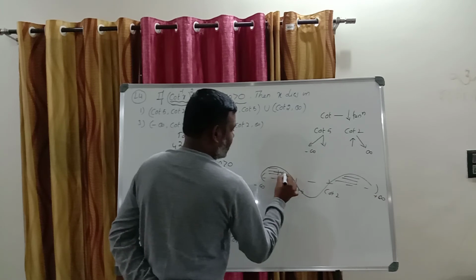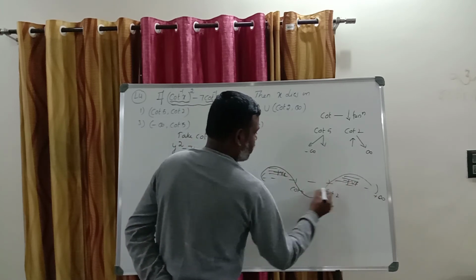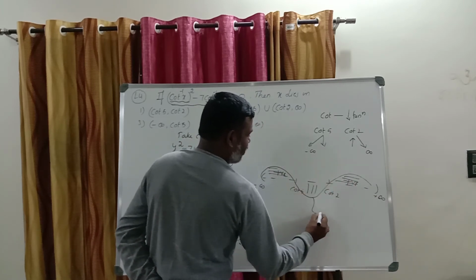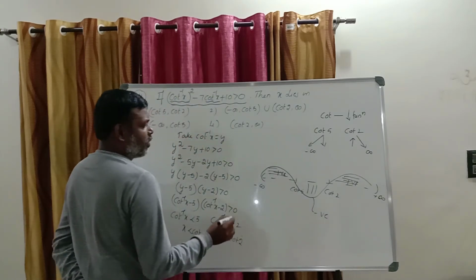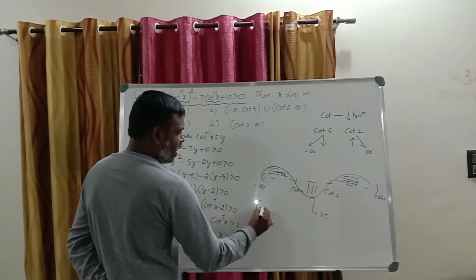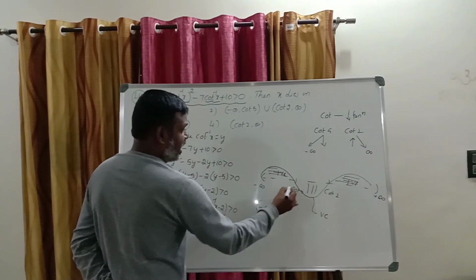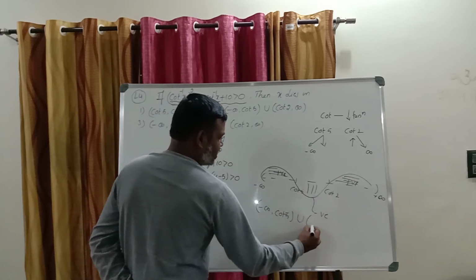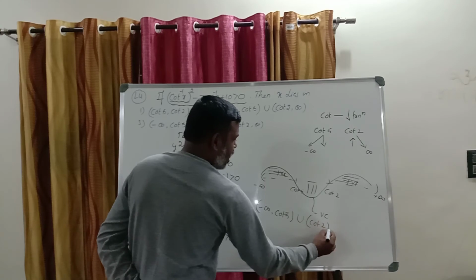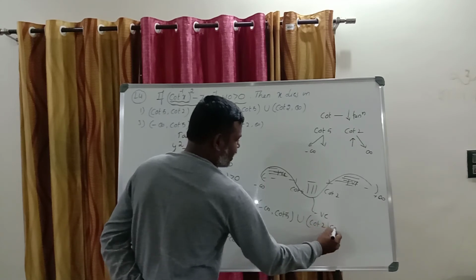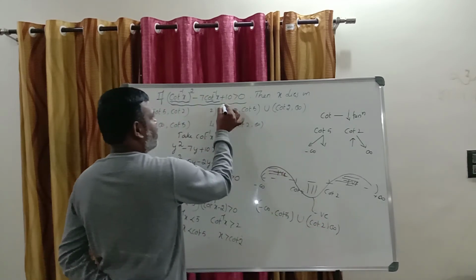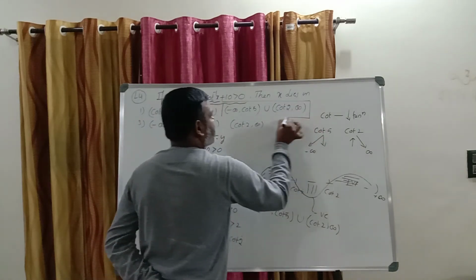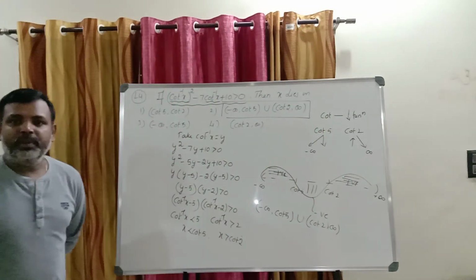Therefore here positive, here positive. What happens in this zone? It becomes negative. Therefore our interval becomes open interval minus infinity comma cot 5 union cot 2 comma infinity. Therefore here it is our option. Is it clear? Is it clear?